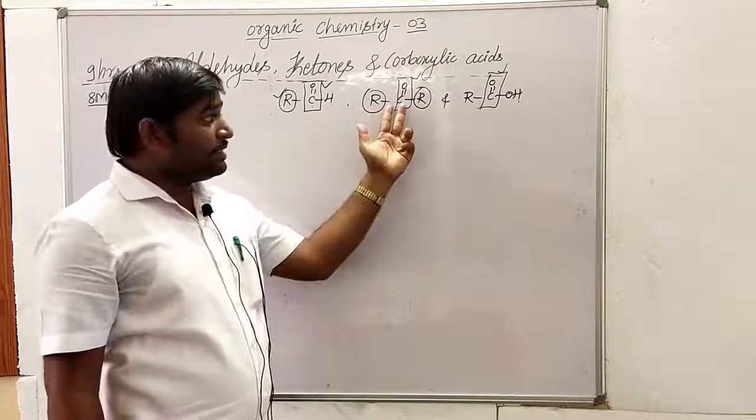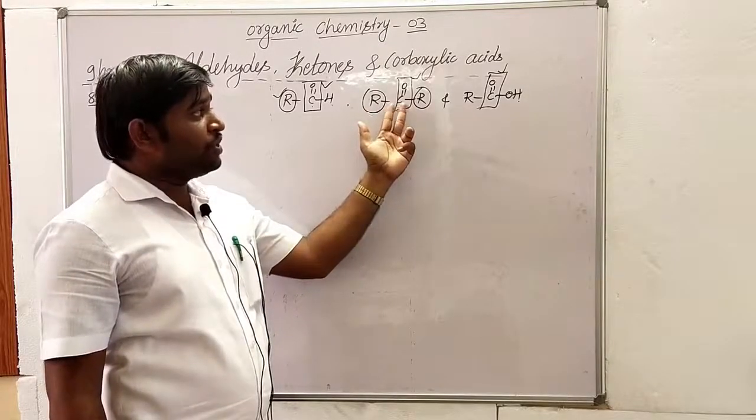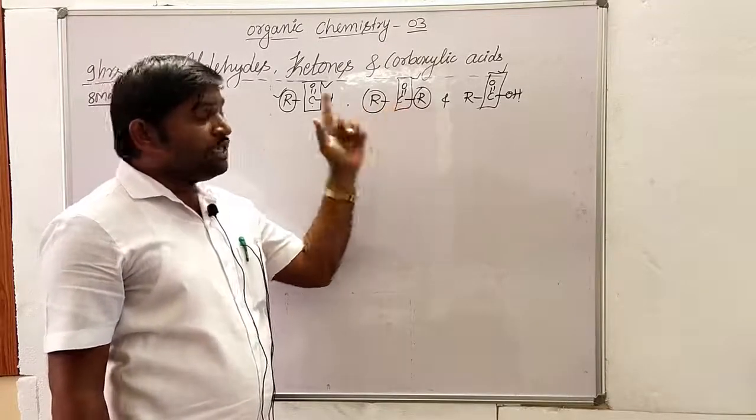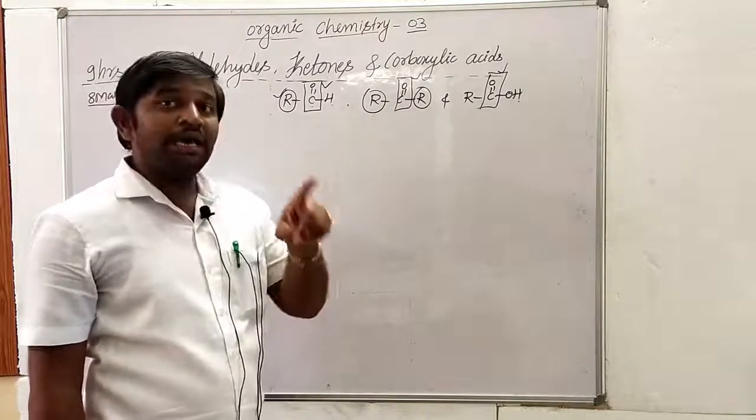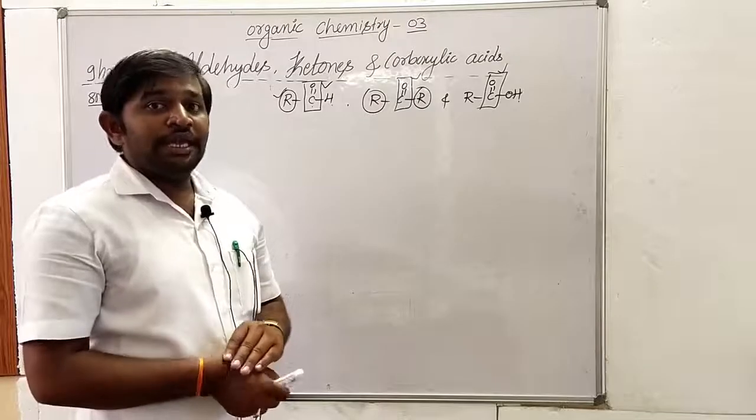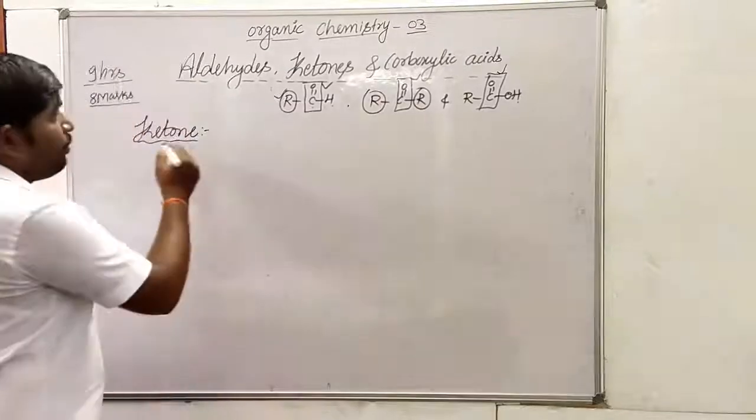If those two valencies are satisfied by either two alkyl groups or two aryl groups, then it is called a ketone. So what do you mean by ketone?